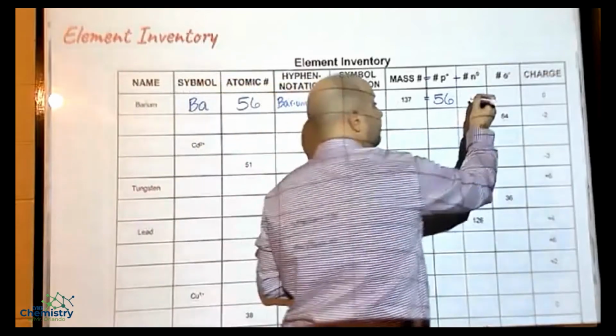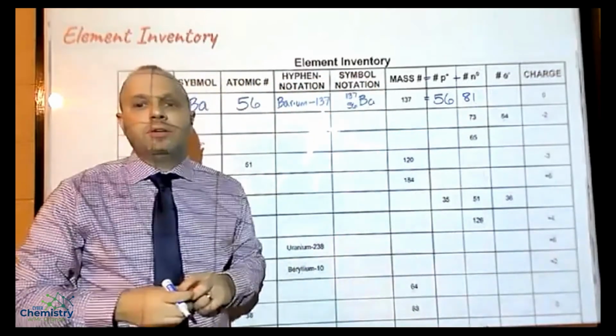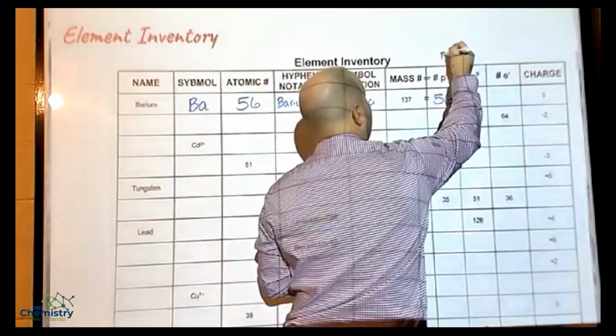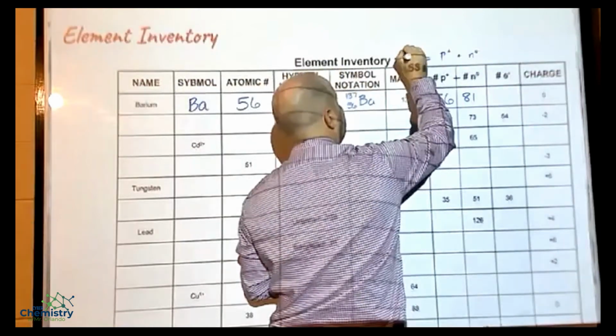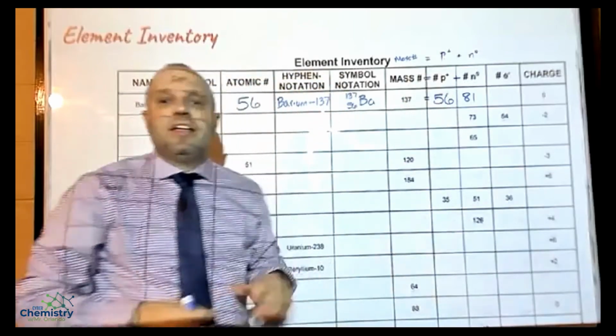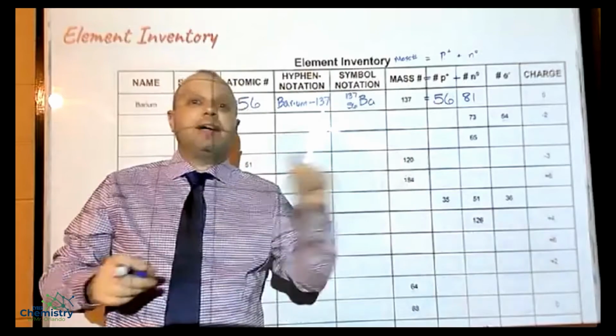And the answer to that is 81. So keep in mind, this protons plus neutrons equal the mass number.